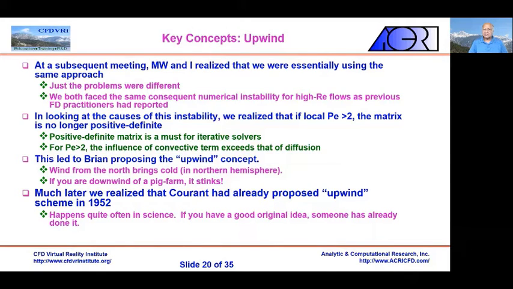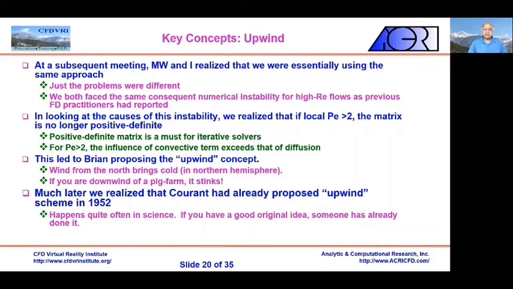If the local Peclet number exceeded 2, the matrix was no longer positive definite. Now, a positive definite matrix is a must for iterative solvers, because our problems were too big for direct solvers, so we had to use iterative solvers. For a Peclet number above 2, the influence of the convective term exceeds that of diffusion and makes the matrix non-positive definite.